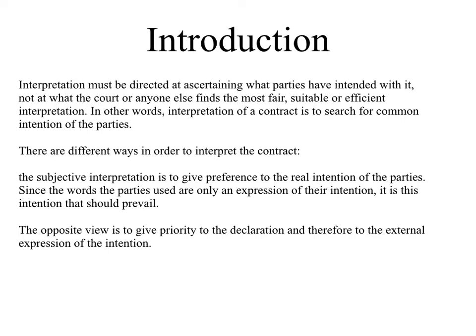There are two main ways in order to interpret a contract. The subjective interpretation is to give preference to the real intention of the parties, since the words the parties used are only an expression of their intention. It is this intention that should prevail. The opposite view is to give a priority to the declaration and therefore to the external expression of the intention.